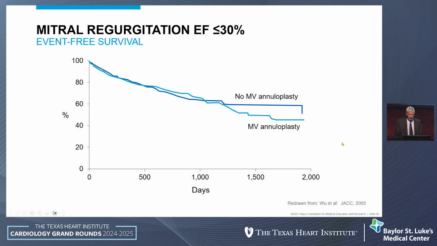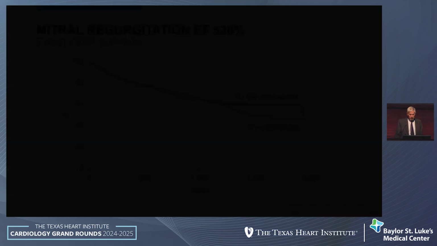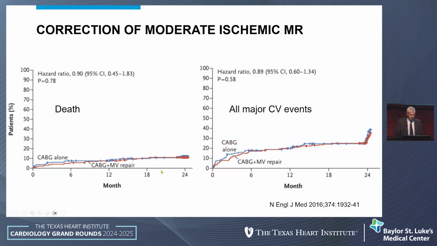The issue is, if you do something for the mitral valve regurgitation, does that make a difference? And it's been vexing for surgeons because we look at the outcomes of repair of degenerative mitral valve regurgitation and say we make a big difference when we correct that. But we don't make such a big difference when we correct mitral regurgitation that's functional. And it doesn't matter whether it's severe or not.